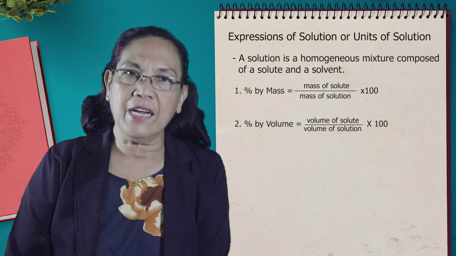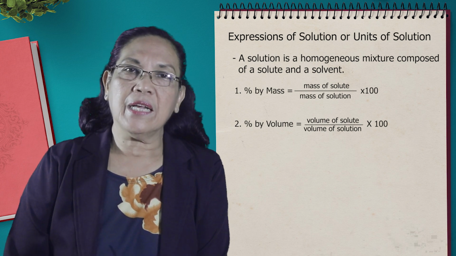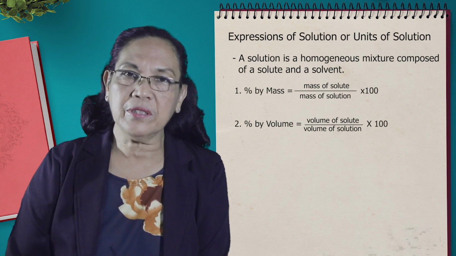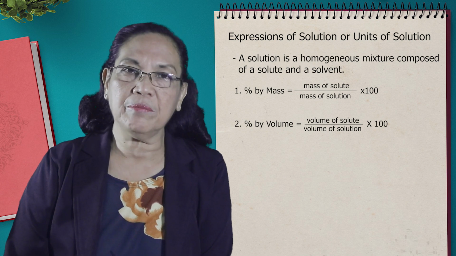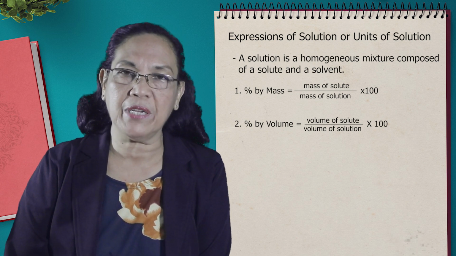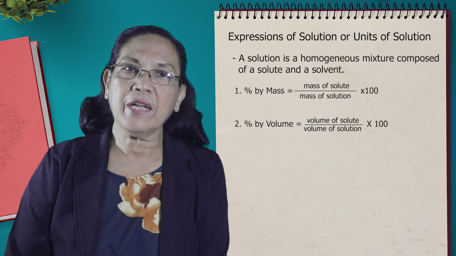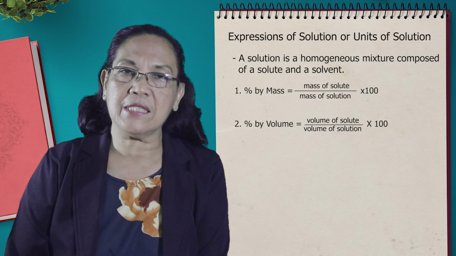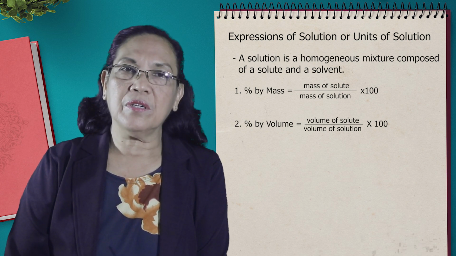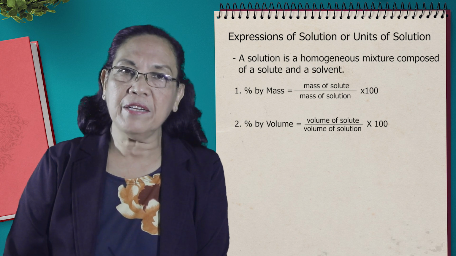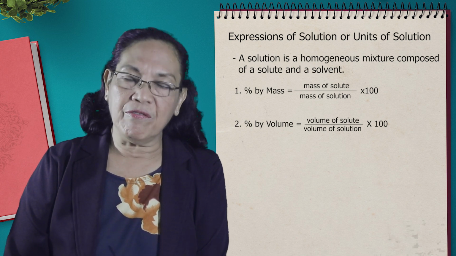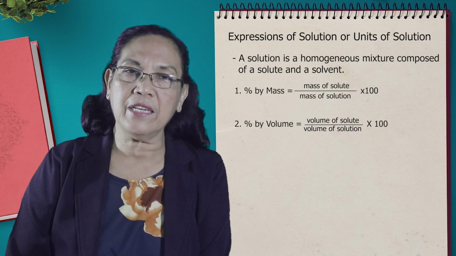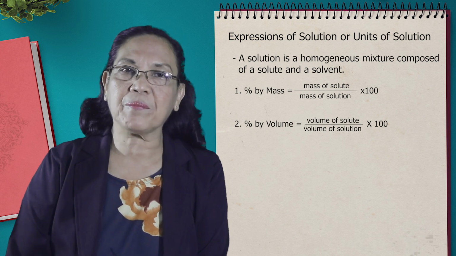Another expression of the concentration of solution is the percent by volume. This is defined as the ratio between the volume of the solute and the volume of the solution times 100. Or it can be modified as the volume of the solute divided by the sum of the volume of the solute and the solvent times 100.